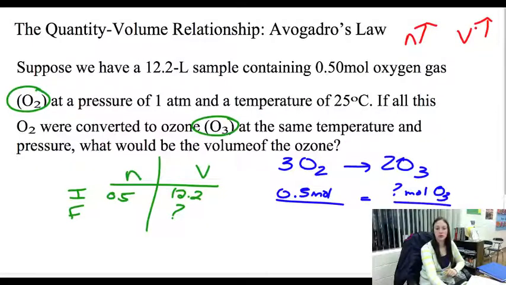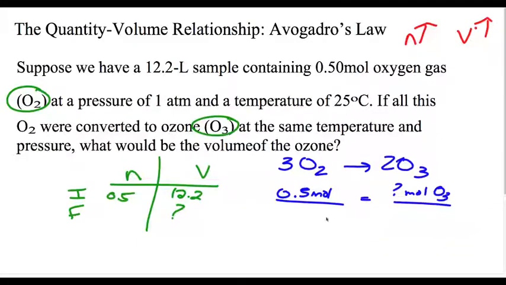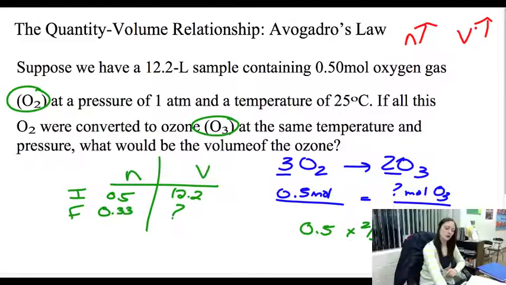Remember back to last year? You can do a ratio, or you can think, all right, my number here should get smaller. How much smaller? 2/3, because it's 3 to 2. So it's 1/2 times 2/3, which is about 1/3 of a mole. So my final mole number is 0.33.